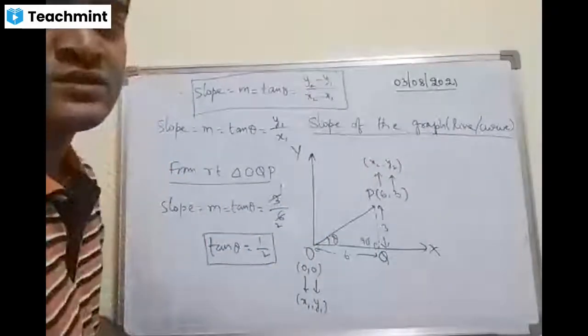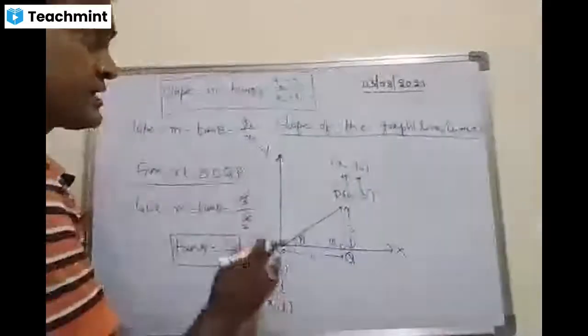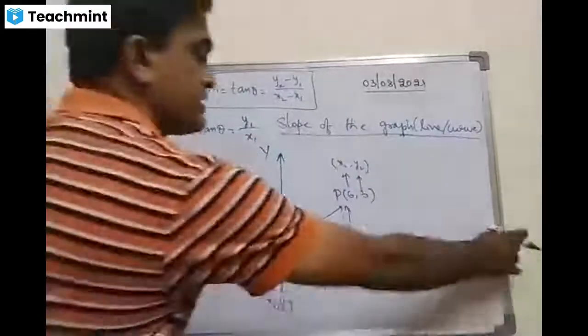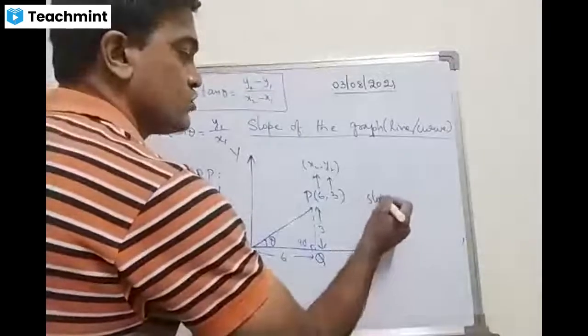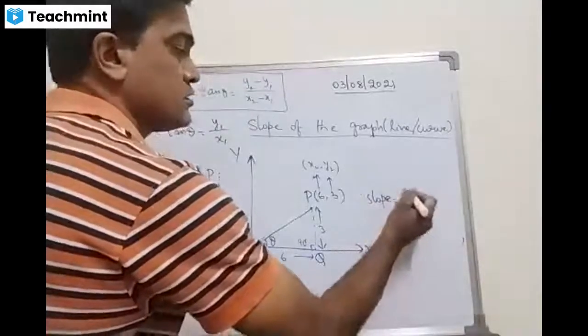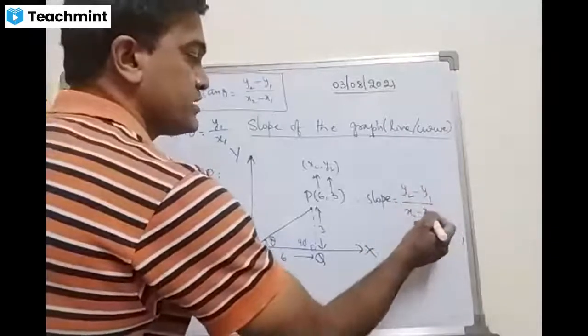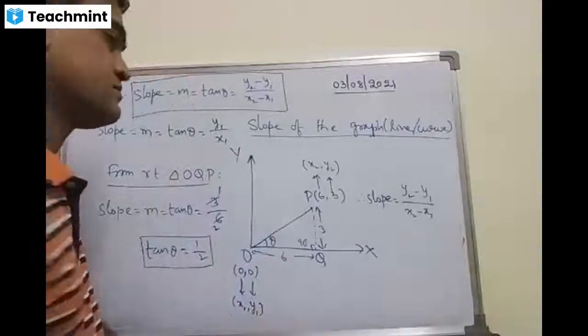Now what is the formula that we have for slope in terms of 2-point form? Slope is equal to y2 minus y1 upon x2 minus x1. Let's see what we will get by substituting the values.